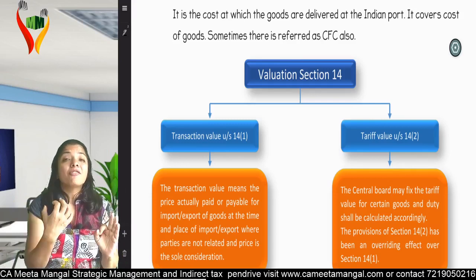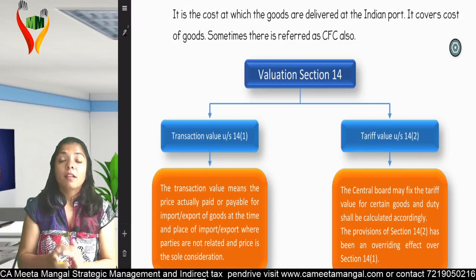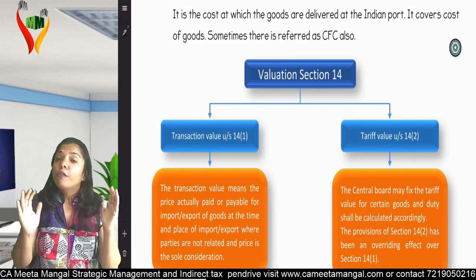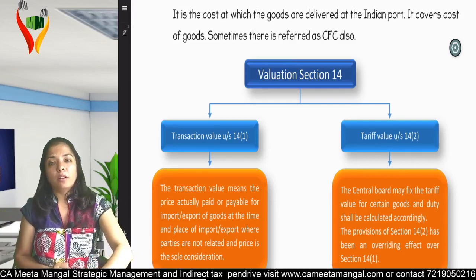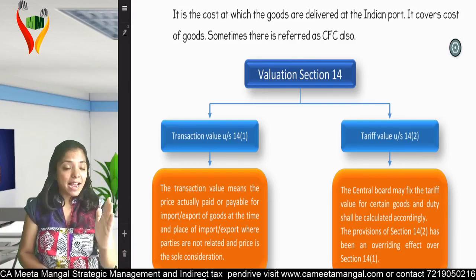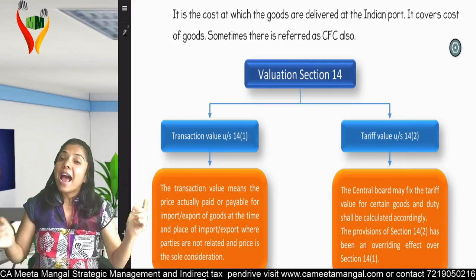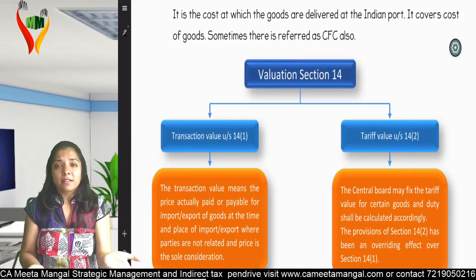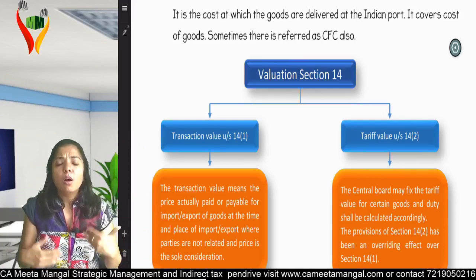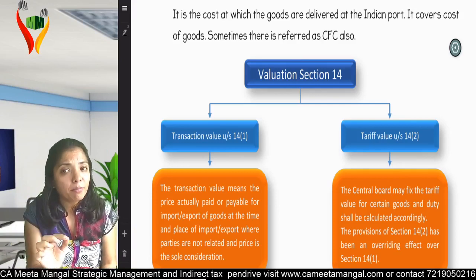That means our transaction is done for 14,000 rupees, and that is the transaction value. Same thing here. Transaction value means the value between the exporter and the importer, the arm's length price. Whatever I've paid as an importer is called the transaction value.